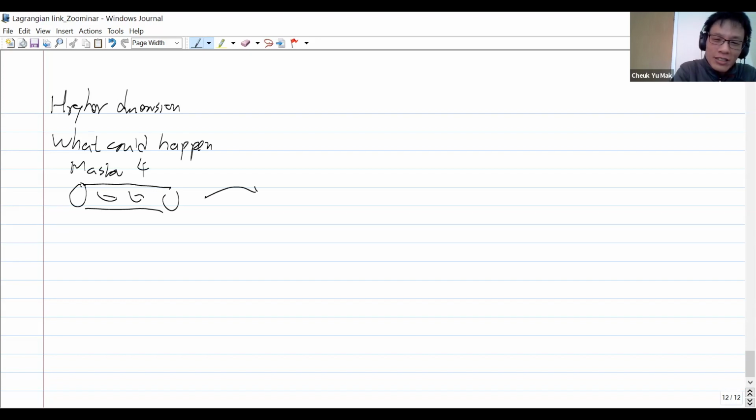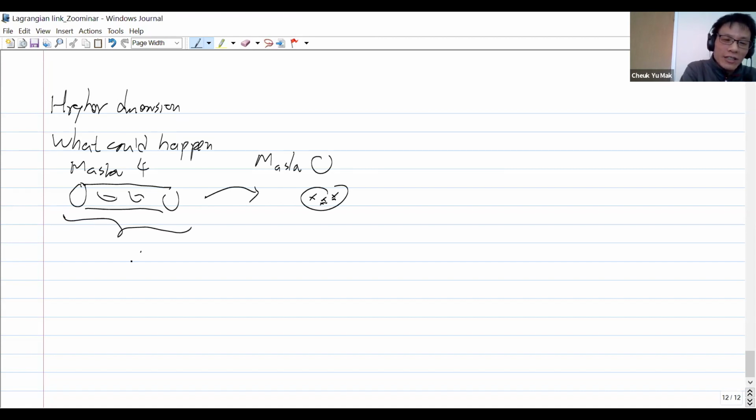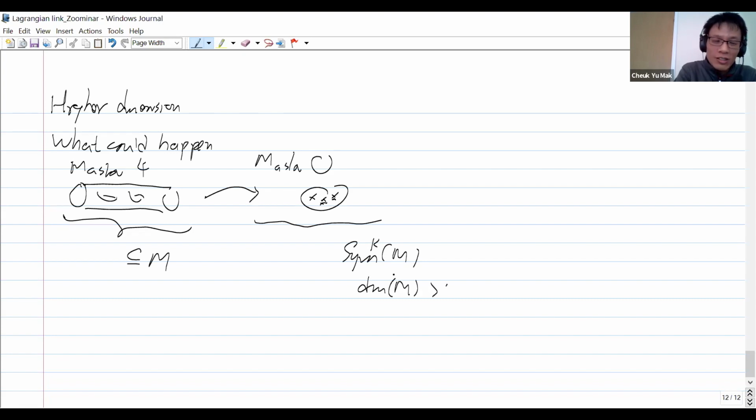But if you lift it to an orbifold disk, then it will become Maslov 0. So a priori, this kind of thing in M can obstruct the Lagrangian Floer theory in the symmetric product. To have an unobstructed or weakly unobstructed Lagrangian in Sym^k, if the ambient dimension is greater than 4, you need to rule out all these higher genus, high Maslov index things.